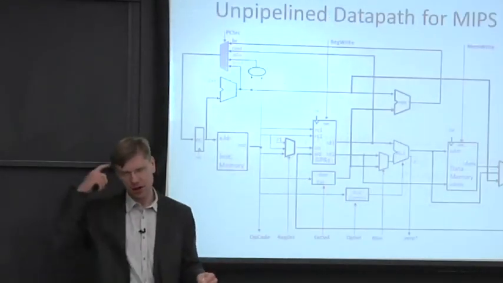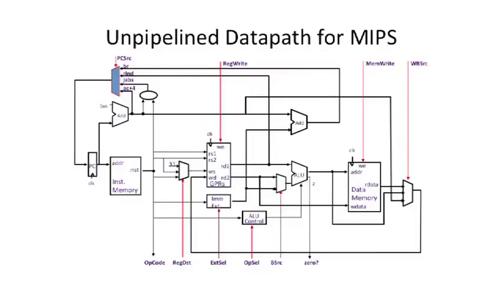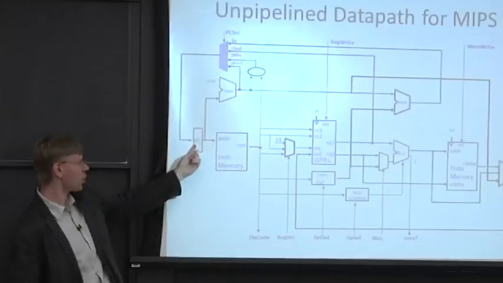So let's go one step beyond our micro-coded processor design and look at an unpipelined data path for the MIPS instruction set. This is going to be similar to, if you've already taken a computer organization class, unpipelined data paths you've probably seen. In our unpipelined data path, we start with the program counter here.